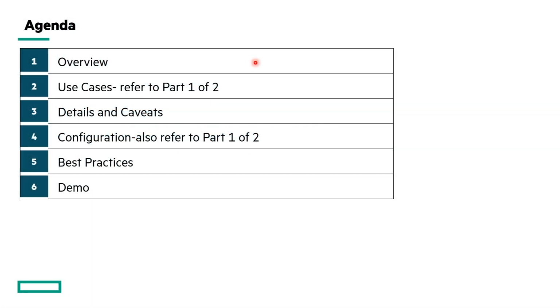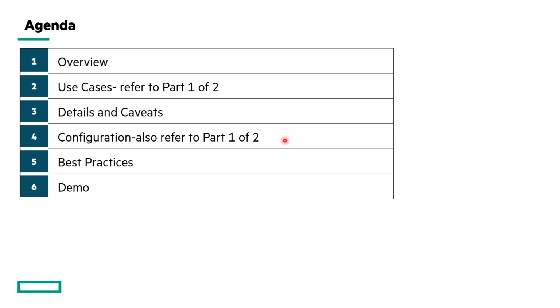So in terms of the agenda, we'll do a quick overview. In terms of use cases, please refer to part 1 of 2, which covered both the IPv4 and IPv6 underlay, and then I'll repeat the details and caveats, which are the same for both the IPv4 and IPv6 underlay.